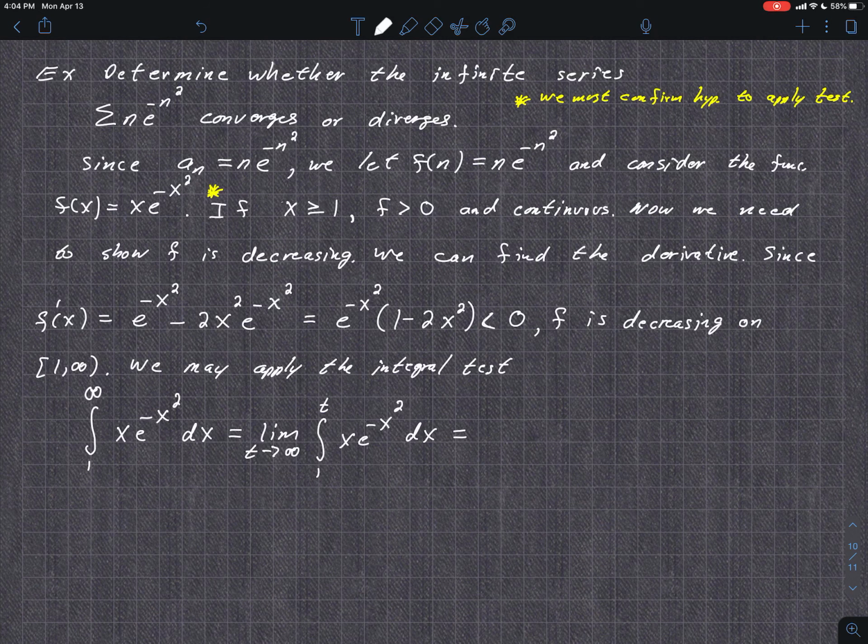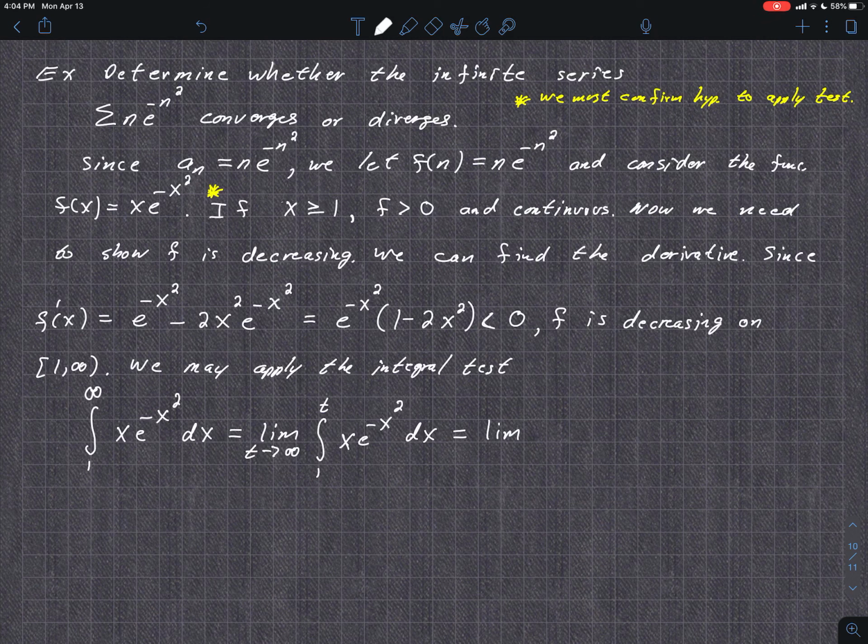So that's just a basic u substitution. Go ahead and work this integral out and pause it.